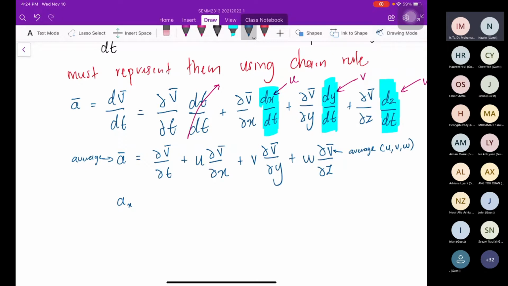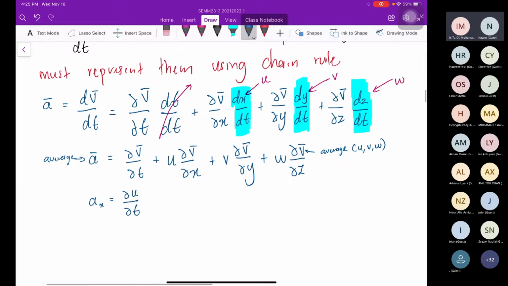So now it equals, again, partial derivative of V, now becoming U, over partial derivative of T. Why does it become U?